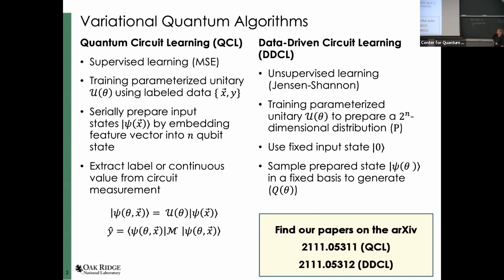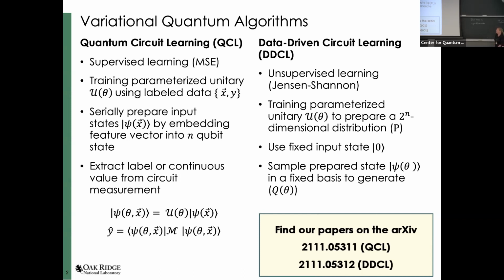The second workflow is called data-driven circuit learning. So this is an unsupervised training workflow. There are slight differences between quantum circuit learning and data-driven circuit learning. For DDCL, it is unsupervised learning.